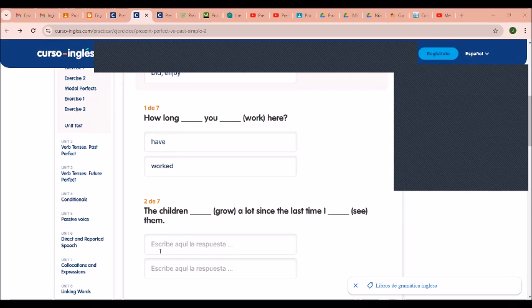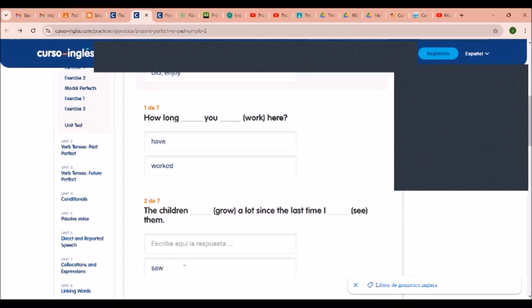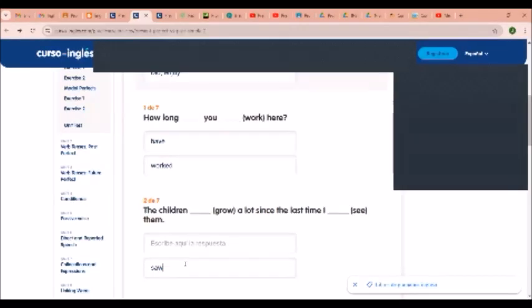Los niños han crecido mucho desde la última vez que los vi. First part, present perfect. Second part, past simple. What was the simple event? I saw the children. How is it connected to the present? I am seeing them again, and they're huge. They have grown, right? So the full structure is the children have grown. This is also irregular. A lot since the last time I saw them.